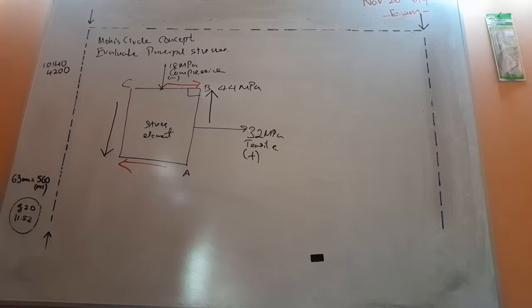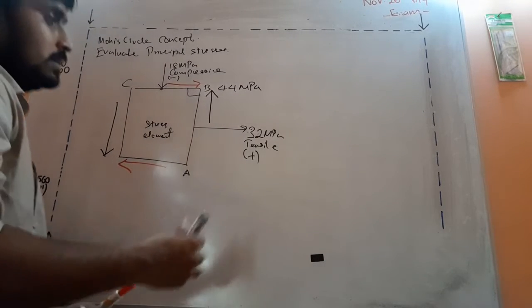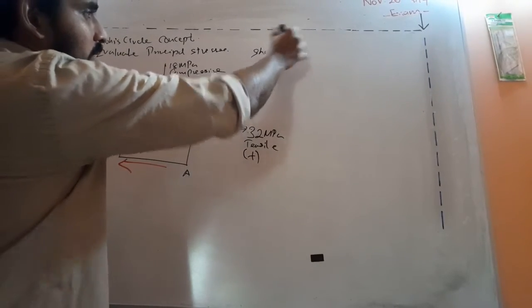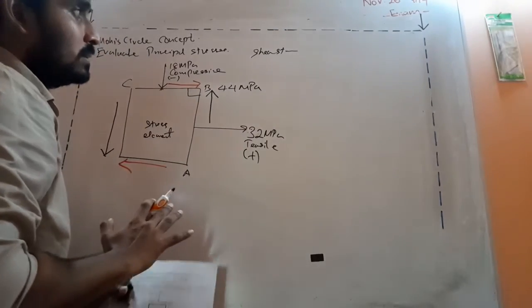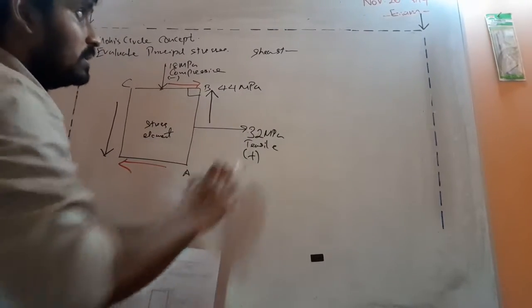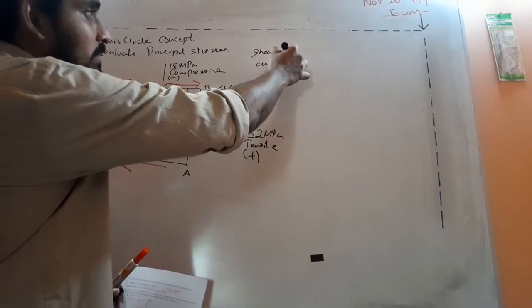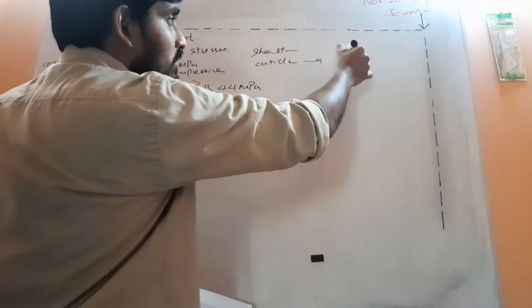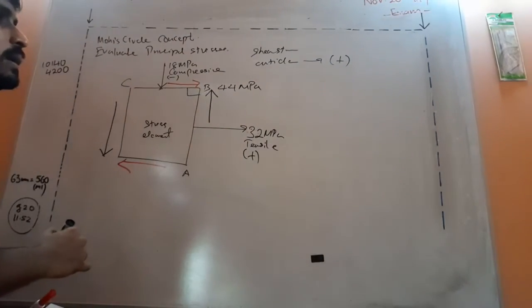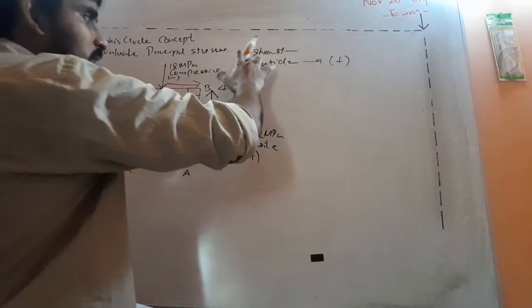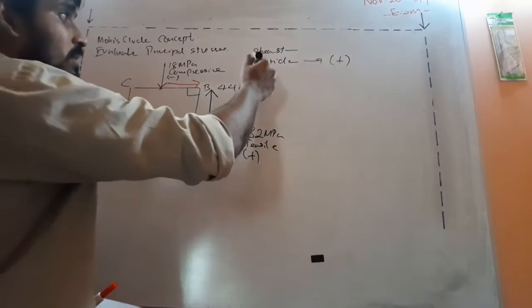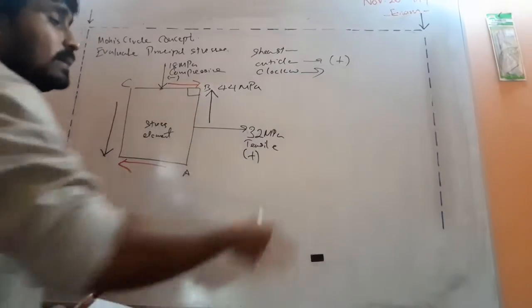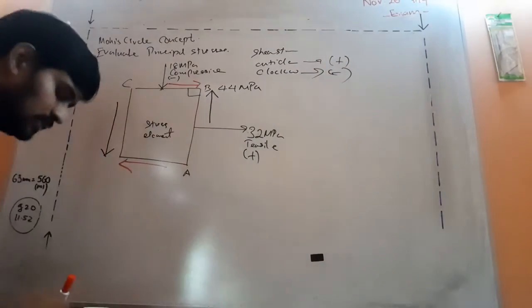Now shear stresses that support the anti-clockwise direction are considered as positive shear stresses, and shear stresses that support the clockwise direction are considered as negative shear stresses.